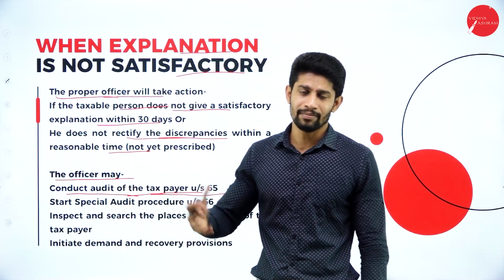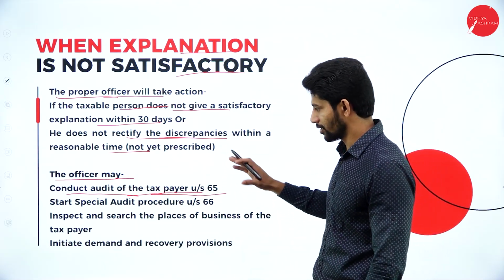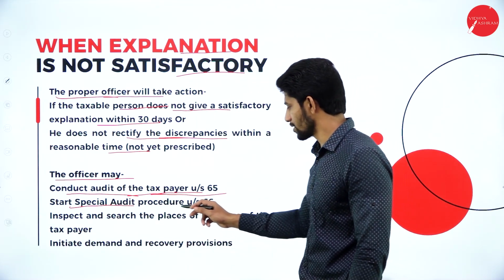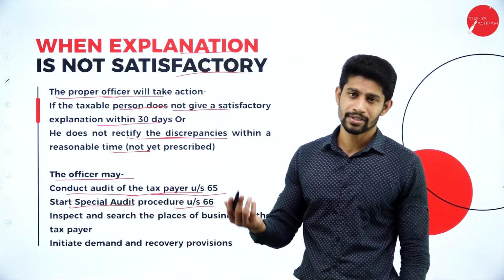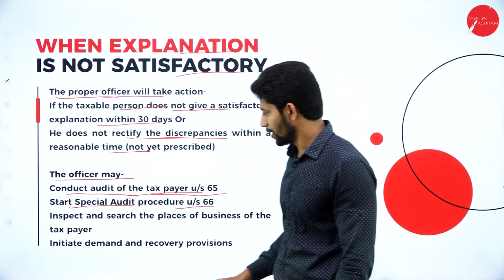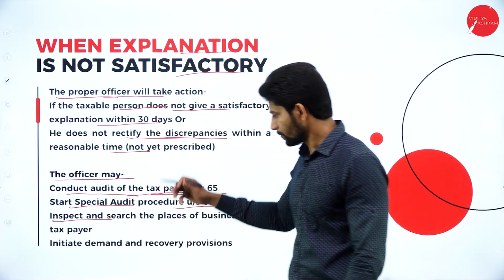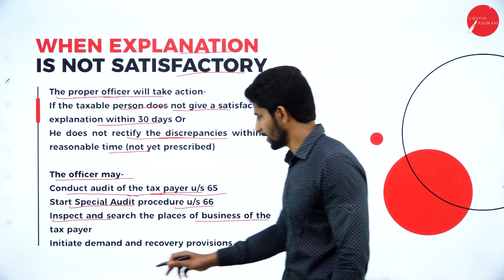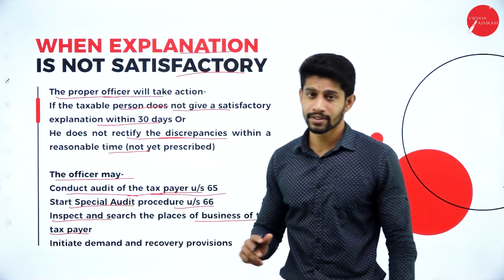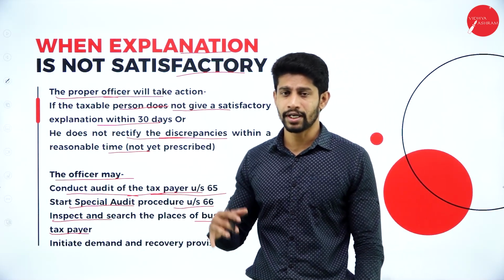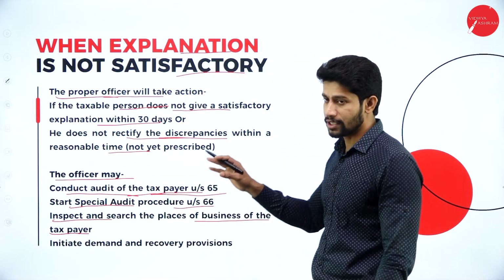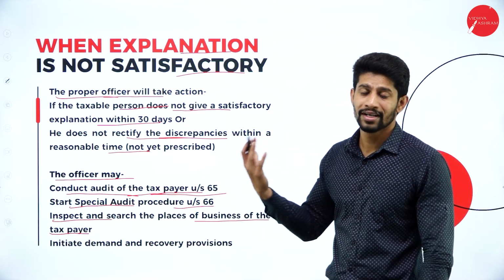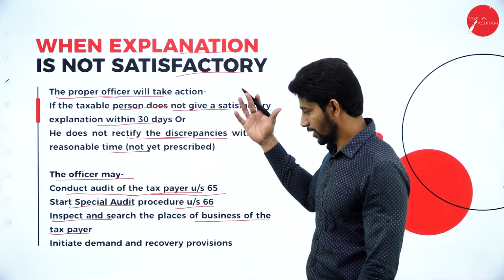Again, on the same return, he can conduct an audit under section 65 and he can start a special audit procedure under section 66. The officer can also inspect and search the places of business of the taxpayer. Yes, the GST officer will have all the rights to inspect the business place of a taxpayer if you won't give the proper explanation or rectify the doubts.